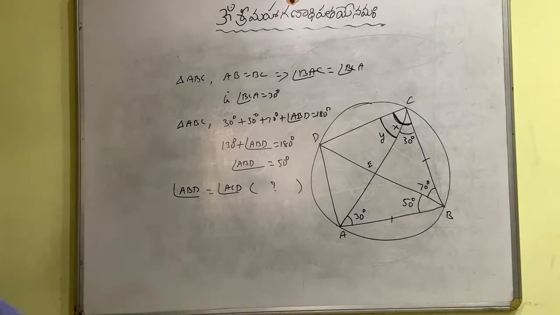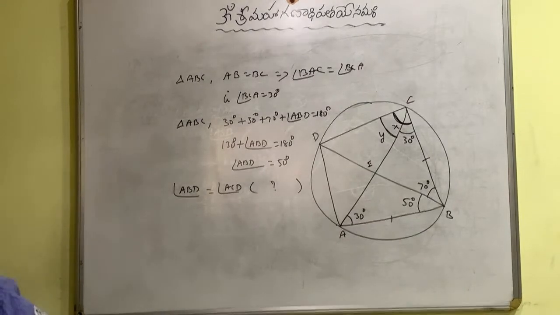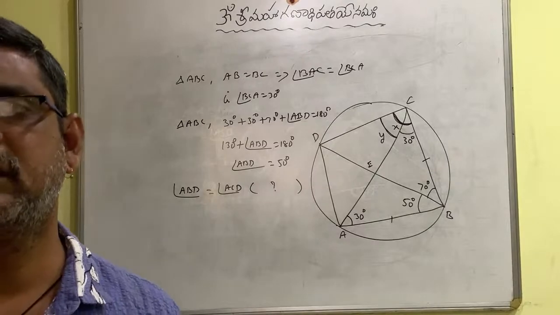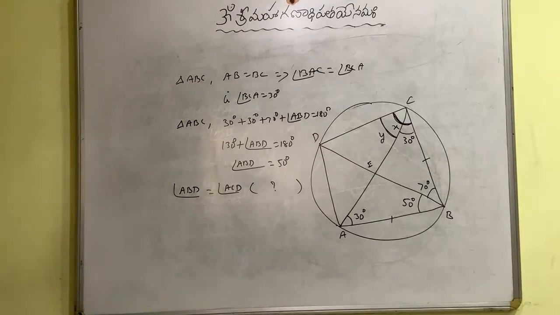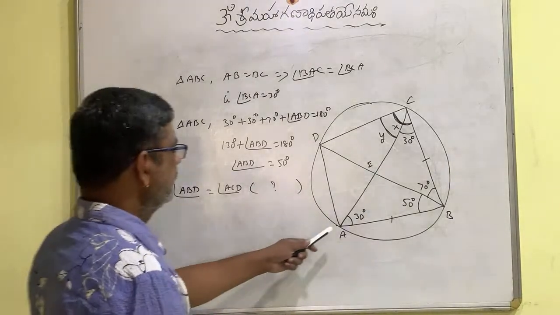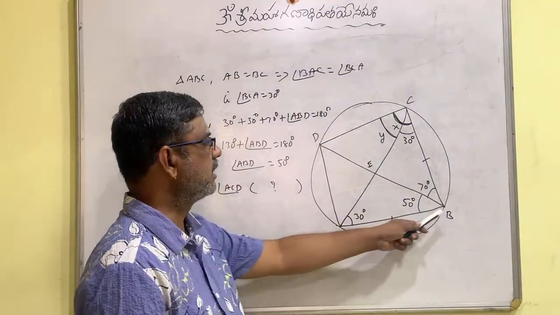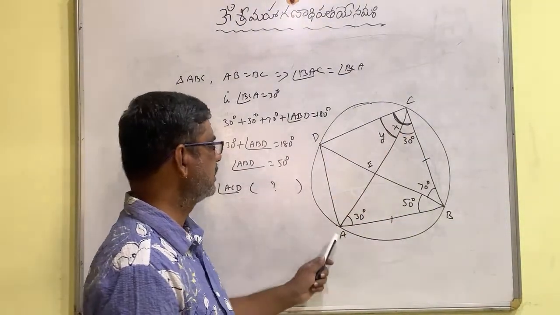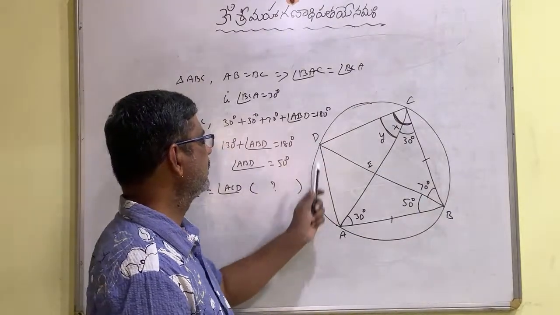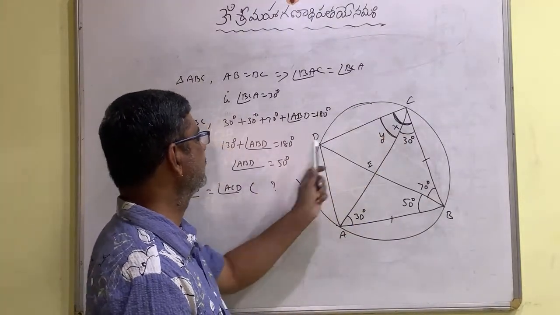Angle ABD and angle ACD are angles in the same segment, angles subtended by the same chord AD at B and at C. Angle ABD equal to angle ACD.